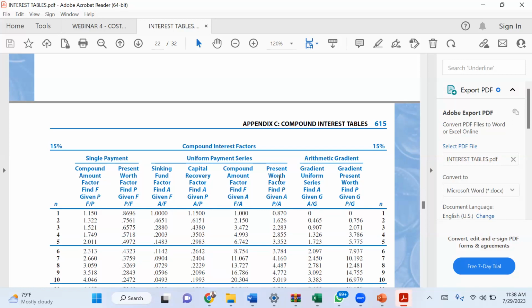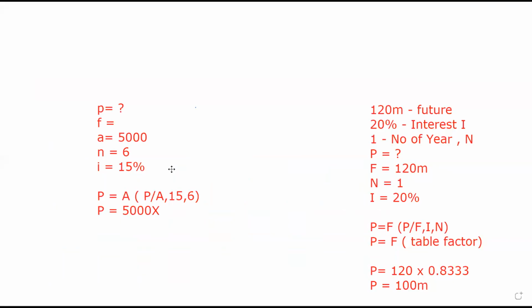And it's a uniform series because the money, the A, is coming every month, every year. So under here at 6 years, it's giving me 3.784. That's the table factor. Can anybody check it out? Under 6 years, the present worth factor, given A, find P, is 3.784.